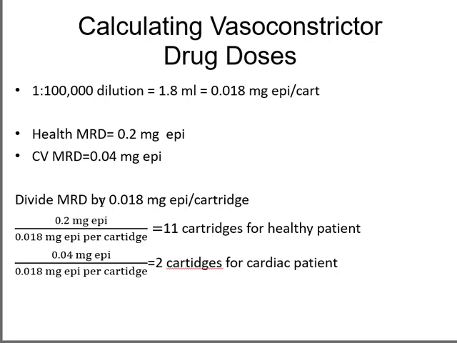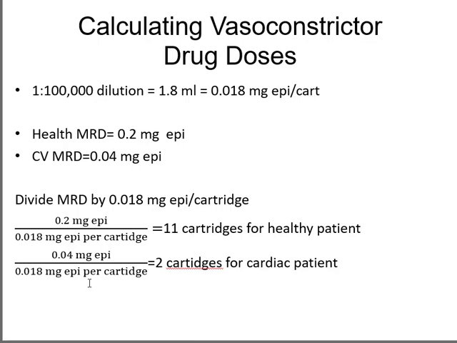So we have calculated that that means 0.018 milligrams of epinephrine are in each cartridge. So you put the MRD in the numerator. So here is the healthy one, 0.2 milligrams of epinephrine. And in the denominator goes 0.018 milligrams of epinephrine per cartridge. And a healthy patient can have 11 cartridges based solely on the vasoconstrictor.